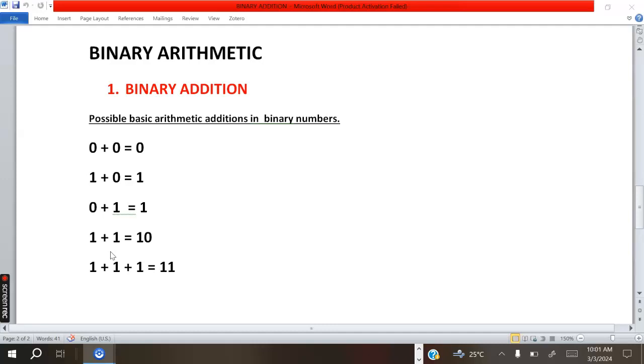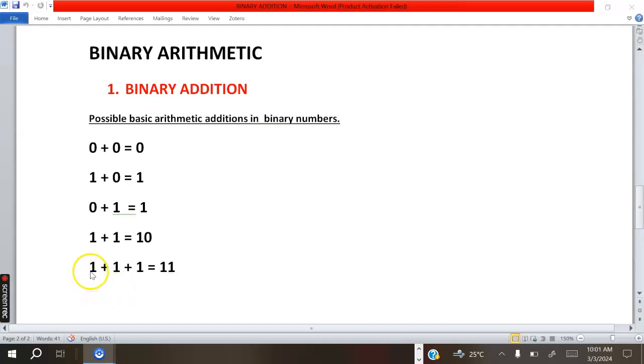Remember, in computer science, we don't say this is ten. Rather, we use the term 1, 0, and this is interpreted as the binary equivalent of 2 in the base 10 number system.